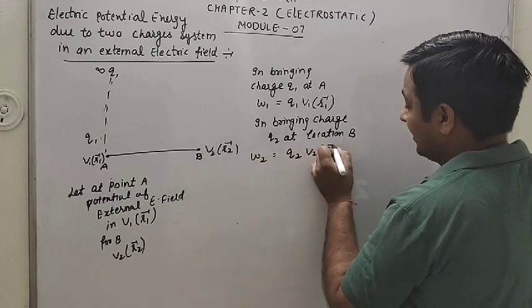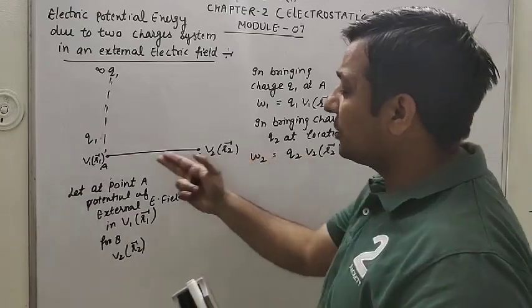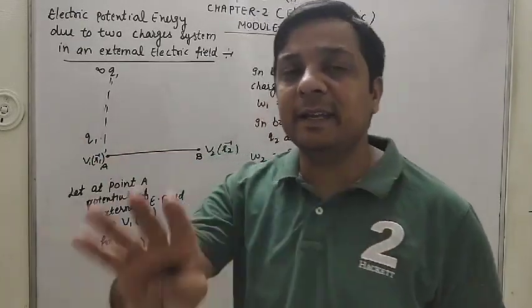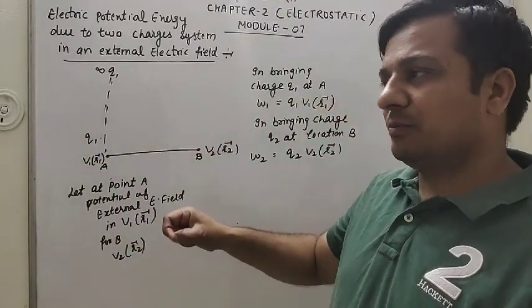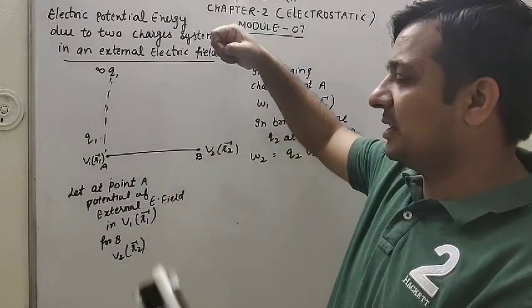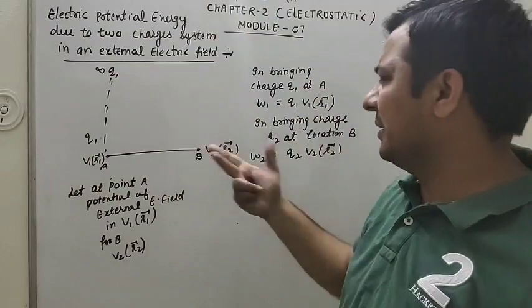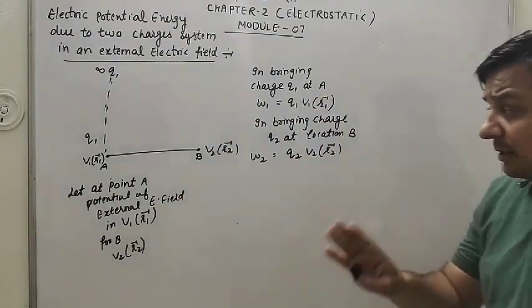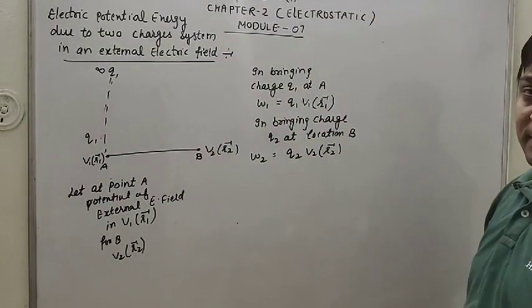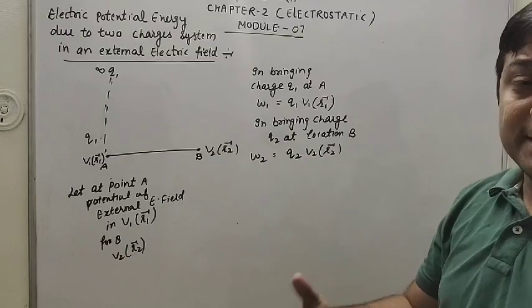But dear friends, these are the potentials of the external electric field. At these two points there are different potentials, so when we bring the charges first and second, definitely work is done. But is this correct, or is anything missing?